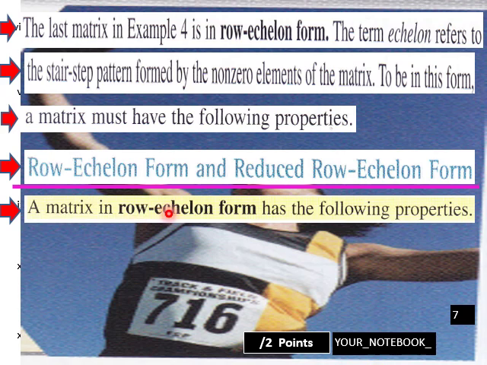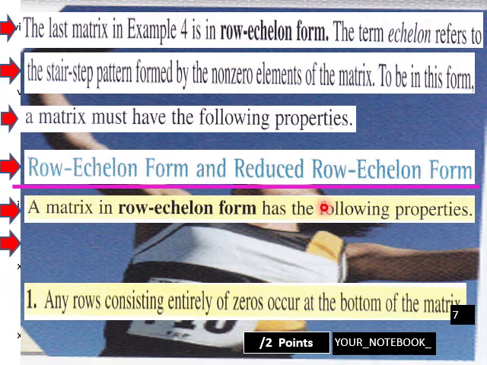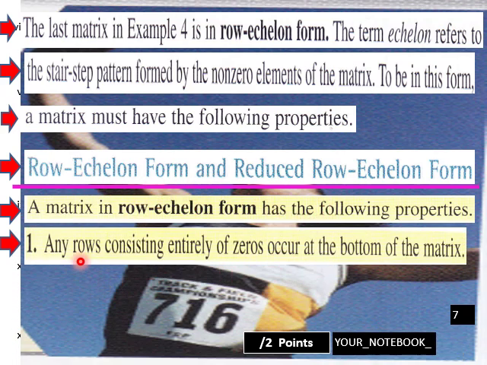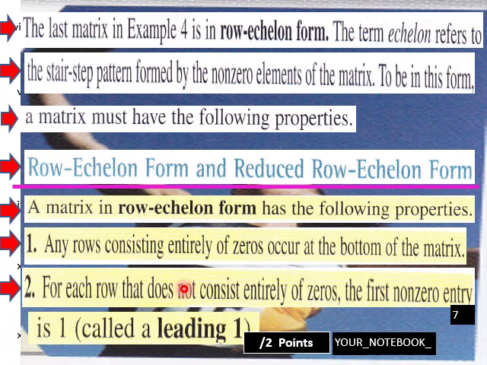A matrix in row echelon form has the following properties. 1. Any rows consisting entirely of zeros occur at the bottom of the matrix. That would be a row echelon form. 2. For each row that does not consist entirely of zeros, the first non-zero entry is 1, called a leading 1.